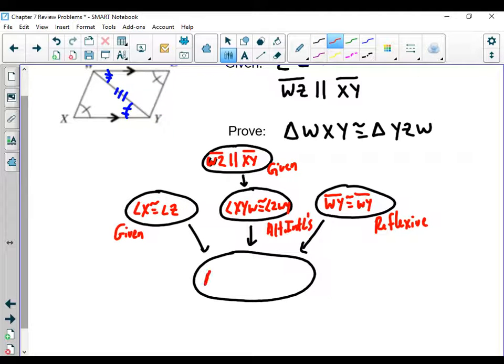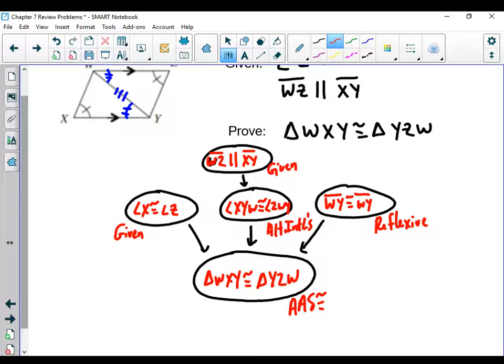My proof statement is triangle WXY is congruent to triangle YZW. And we said that was an example of angle, angle, side. And again, if you want to write that with a 2-column proof, I'm okay with that.